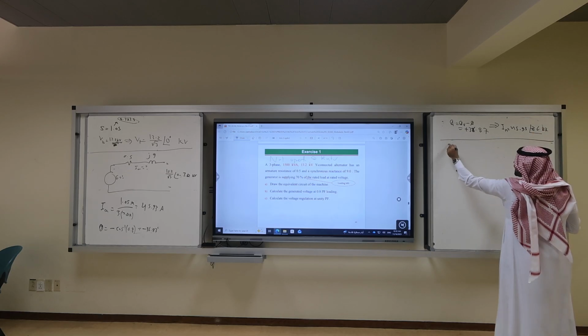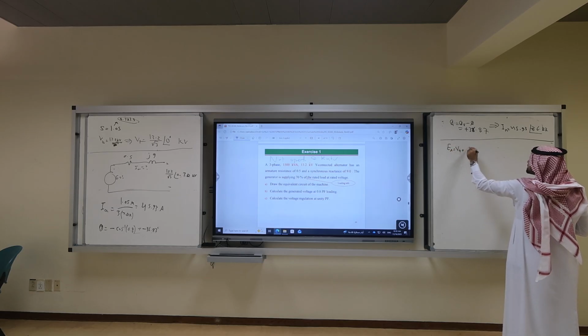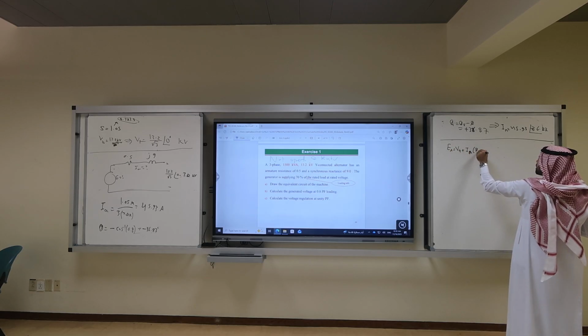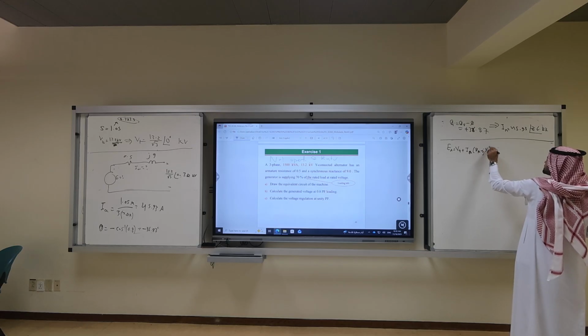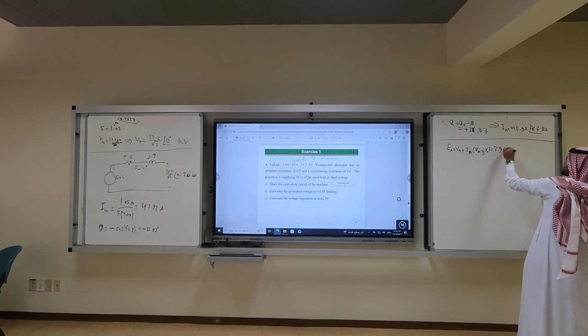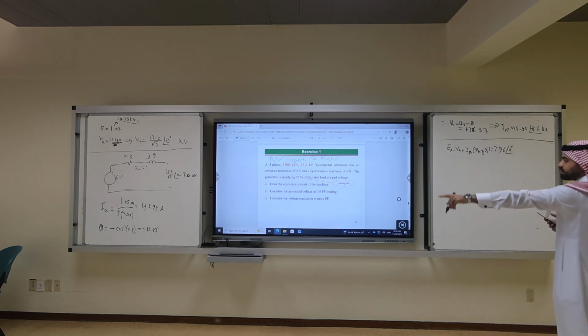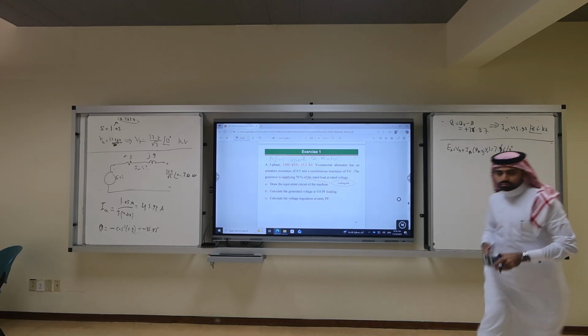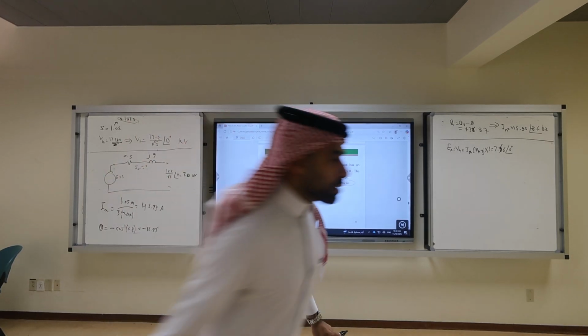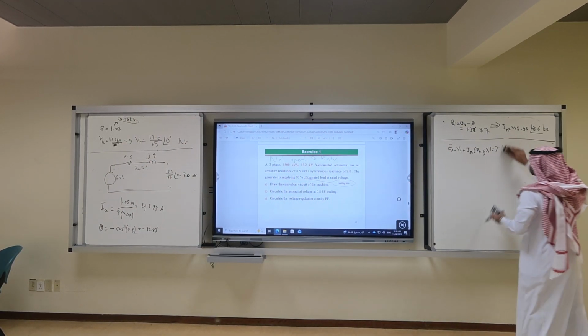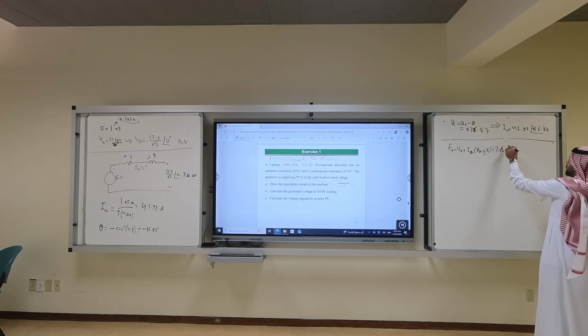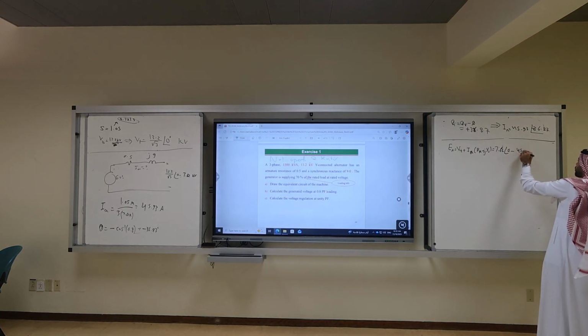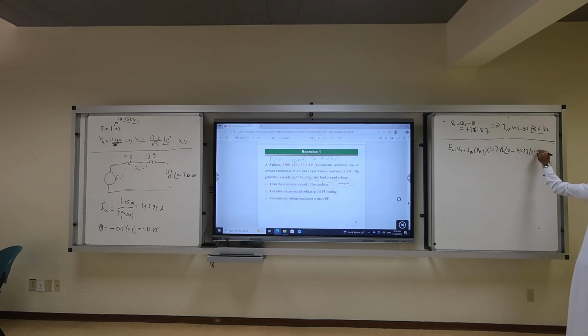So I can get my EA, which is VT plus IA RA plus JXS, which is 7.62 kilo angle 0 minus 45.93 angle 36.87 times this bracket, which is RA, 0.5 plus J9.